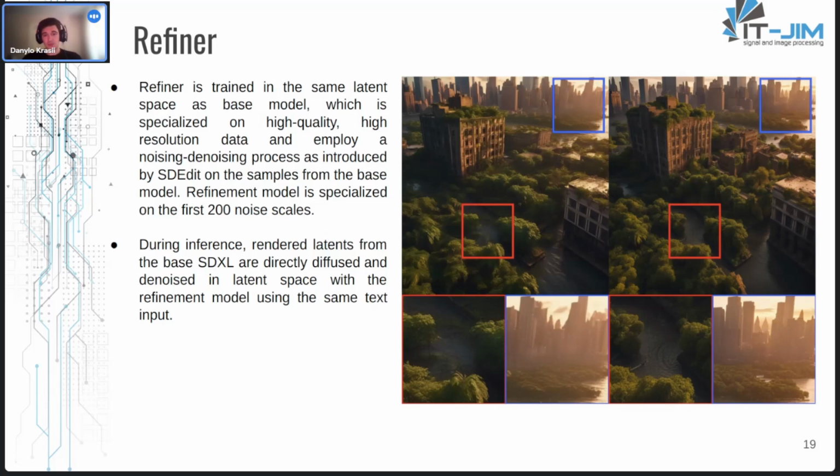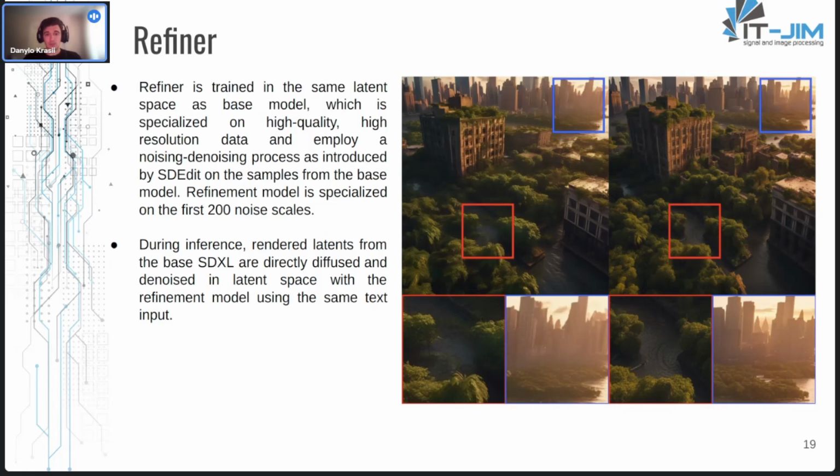So the idea behind the refiner is that we don't need this whole process of noising from 0 to 1,000 steps. We may use just the first 200 to train a model to fine-tune, to improve the quality of the image.